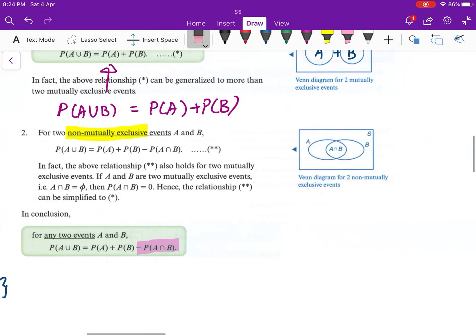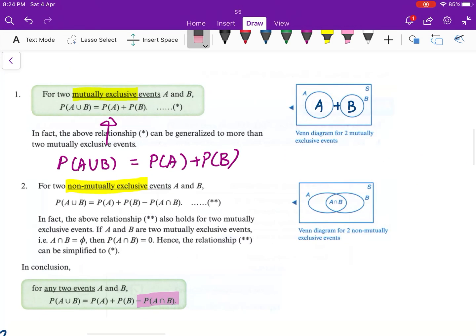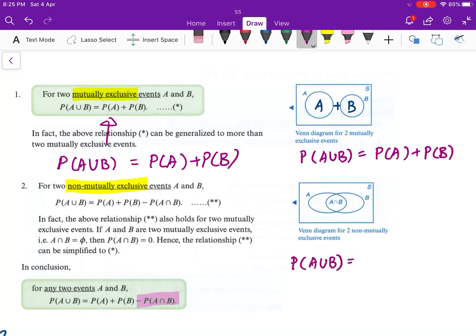Got it? So let me repeat one more time. If you have a mutually exclusive question, to find the probability of A or B, it will be just directly the probability of A plus the probability of B. But if this is non-mutually exclusive, because they will have overlap, we will double count it.